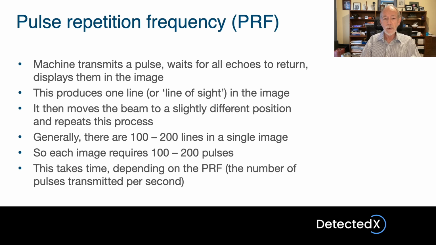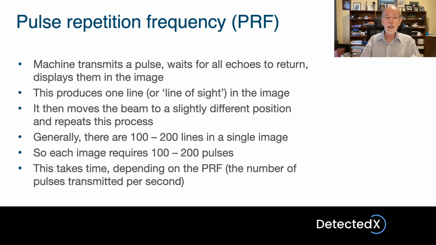Once all of the echoes have returned and there are no more detectable echoes, the machine moves the beam to a new position. It then repeats this process of transmitting and receiving echoes. And so it does this repeatedly with a beam in a different position each time until the beam has traversed the entire image area and created a single image.